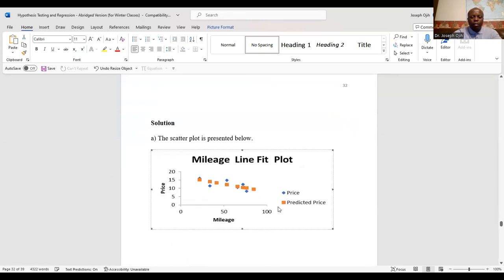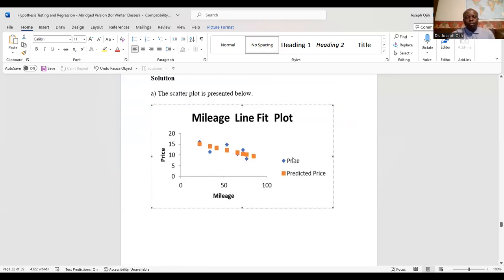Like I explained, you can see the price in blue and mileage in orange. You can see that it's trending down, so it shows a negative linear relationship between X and Y.